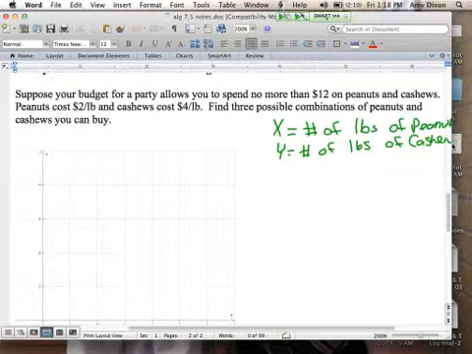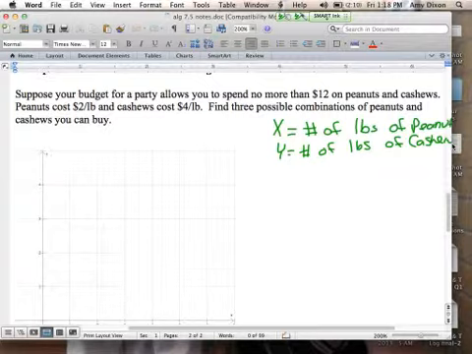Now we need to write an inequality that represents the cost of how much we're spending. How we calculate that cost. If we go to the store and we buy x pounds of peanuts, how are they going to calculate that cost? Yeah, you're going to multiply it by 2, right?